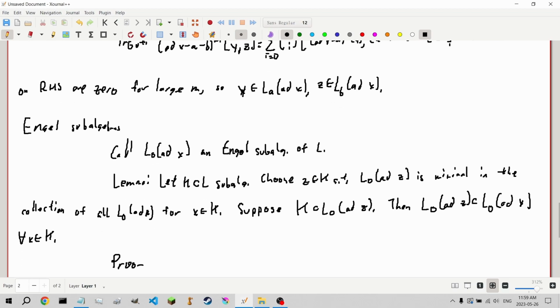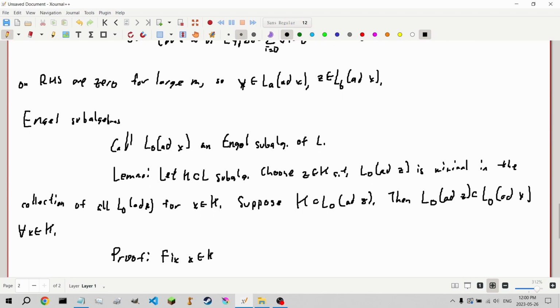Proof. We're going to fix an arbitrary X in K. Consider the family of endomorphisms of L of the form the adjoint of Z plus Cx, for C in our field.